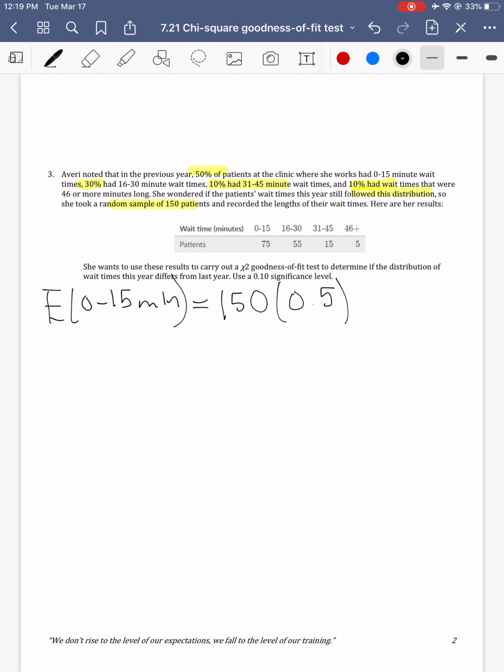So 50% here is the expected wait time. Or we would expect 50% of the patients to wait those 0 to 15 minutes. So this is going to be my expected value for this problem. Here we would have 75 patients waiting 0 to 15 minutes. So that's my expected number of patients.